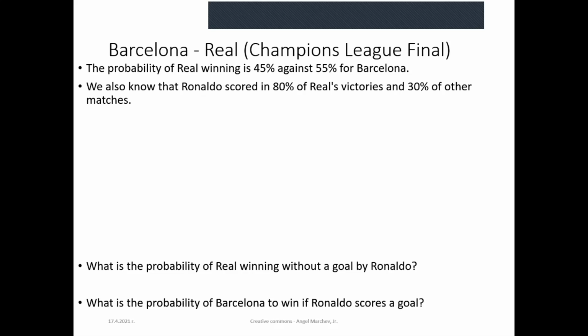In any game of a regular season between Barcelona and Real Madrid, there could be 3 outcomes, and this would make a little bit more complicated decision tree. If it's the Champions League final, there is only going to be one winner at the end. It doesn't matter how we do it.